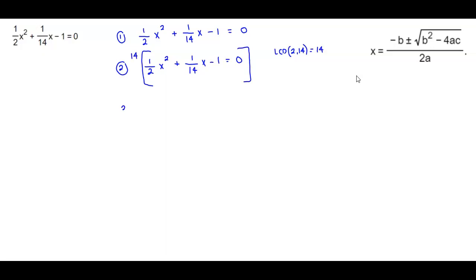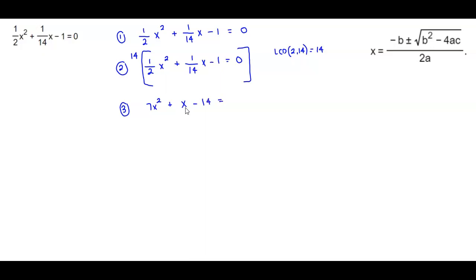So when we multiply everything by 14, 14 times 1 is 14 divided by 2 is going to give us 7x squared. Plus 14 times 1 is 14. 14 divided by 14 gives us 1, which is just x. 14 times negative 1 is negative 14.